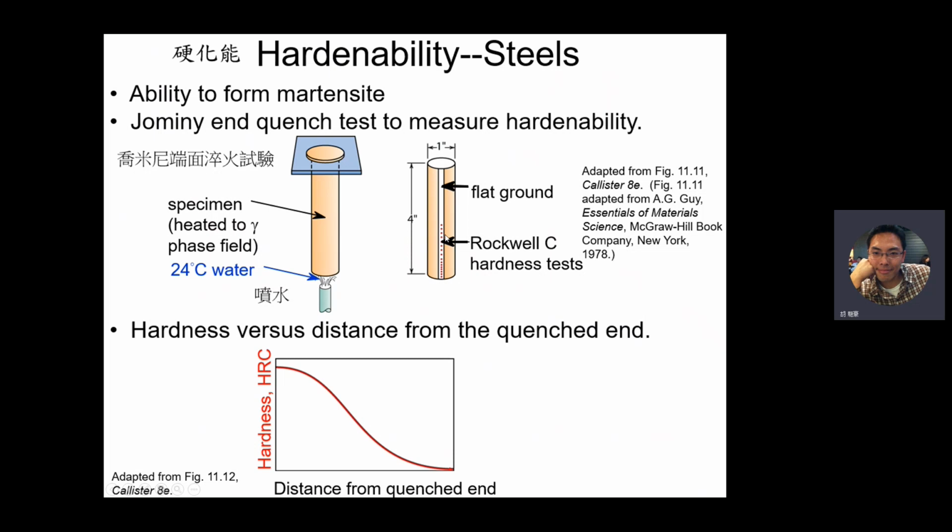We have a steel rod with one end fixed, and 24 Celsius water sprayed on it. The specimen is heated to the austenite phase.